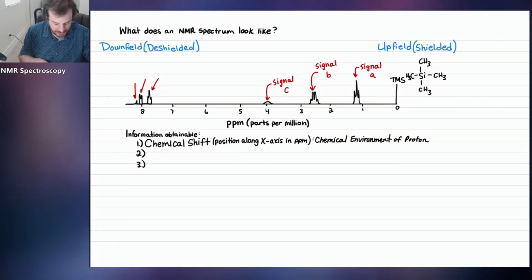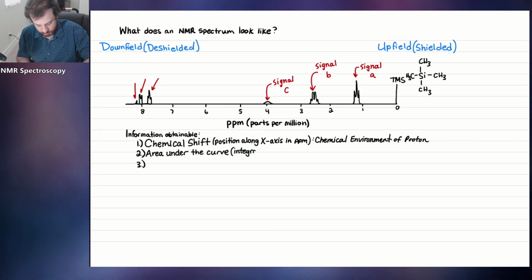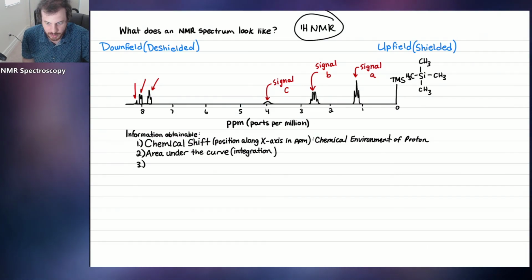Another piece of information that we can get is called the area under the curve, or integration. Okay, and I should mention before I go much further, this is specifically the 1H NMR. We're going to look at carbon NMR later on, but this is specifically for proton NMR, these things that we're talking about right now.